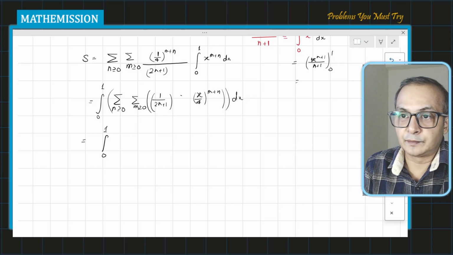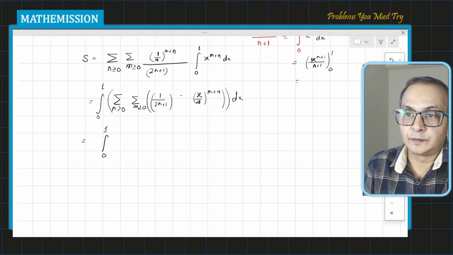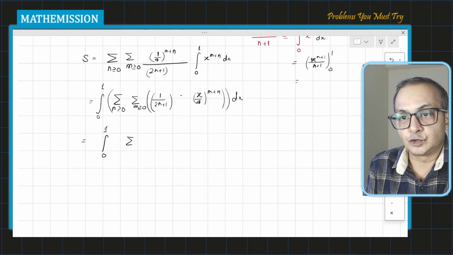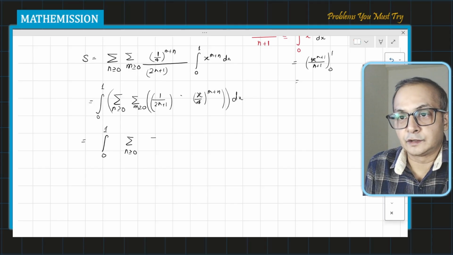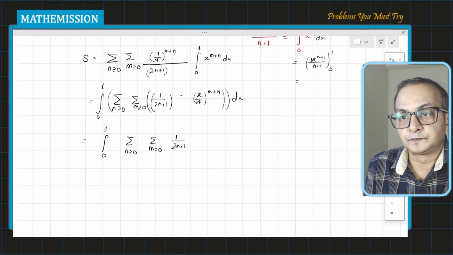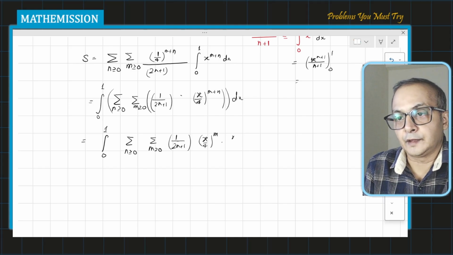You can see this is m plus n here. So I'm just splitting into two parts. How am I splitting? n goes from 0 to infinity, then m goes from 0 to infinity, 1 by 2n plus 1, and here I'm writing x by 4 to the power m and x by 4 to the power n.